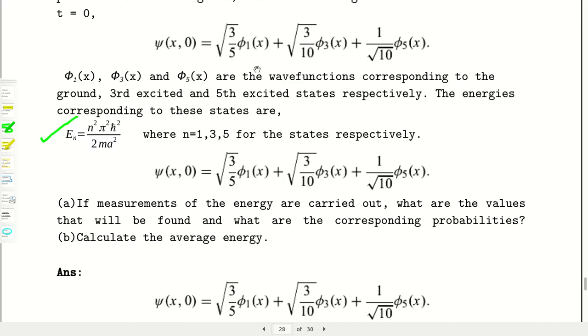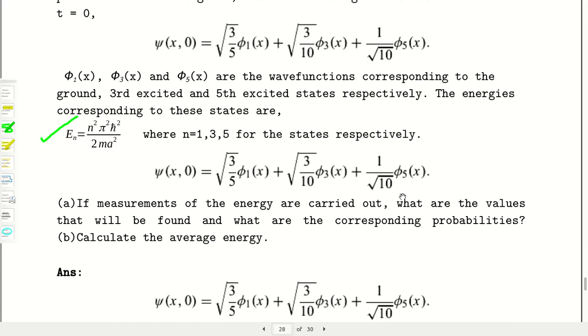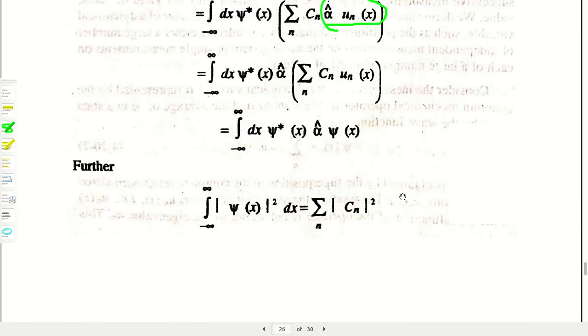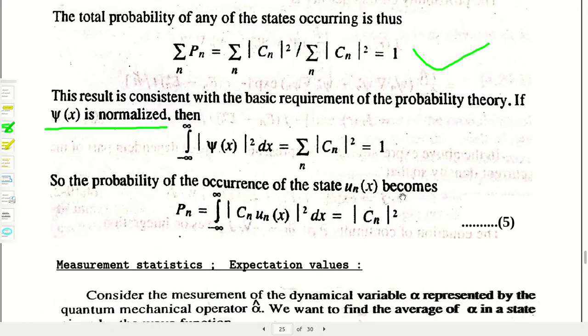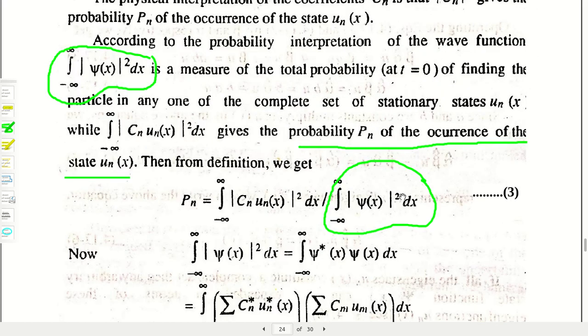If psi is normalized, then you can use the formula P1 is equal to mod C1 square, P3 is equal to mod C3 square, or P5 is equal to mod C5 square directly. And what is the value of C1 square? You know, bra phi 1 and ket psi. It is written, I have discussed it very earlier in this class.